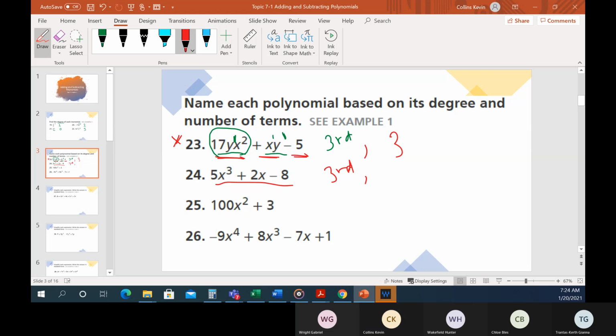Just count them up. We have 4 terms? How many we got? We just count these guys up.